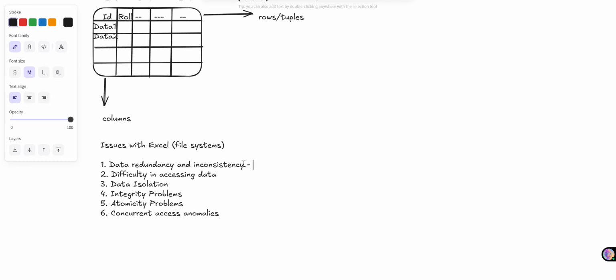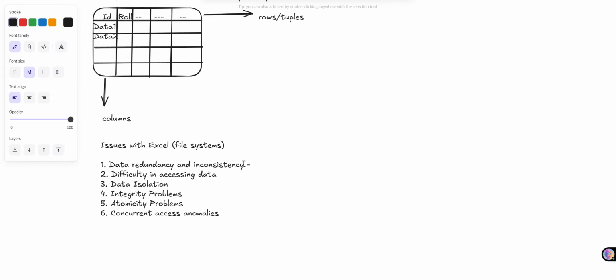Now what is difficulty in accessing data? The access of MS Excel is very limited to few people in the company. Not everyone gets the access of complete data. So there is a difficulty in accessing data, that you must request the administrator every time just to get a small bit of information. This is the other problem that we have with file systems.